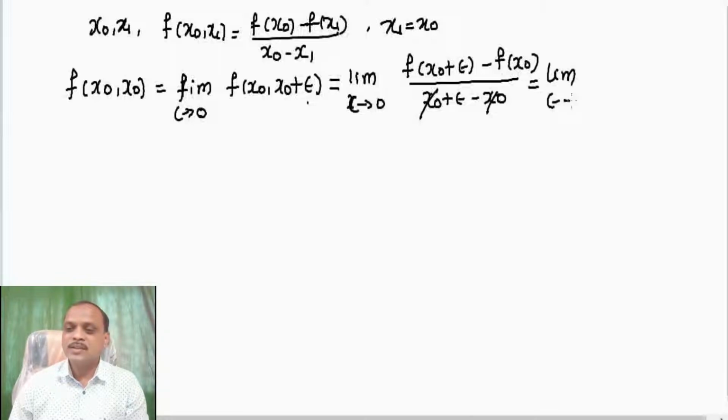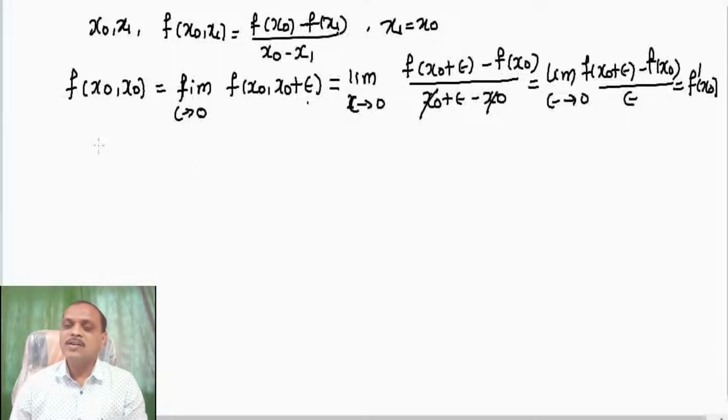The x0 cancels, and we get limit epsilon tends to 0 of f of x0 plus epsilon minus f of x0 divided by epsilon, and this is nothing but the derivative at the point x0. So when two values of x are equal, the divided difference is nothing but the derivative.